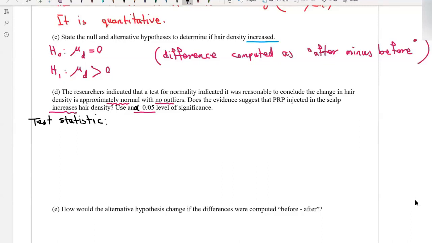Now step 3, find T using the formula that we had on the first page. So it's the difference bar, divided by the standard deviation divided by square root of n.